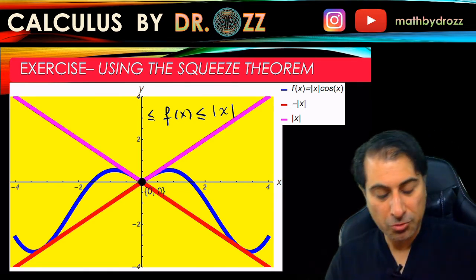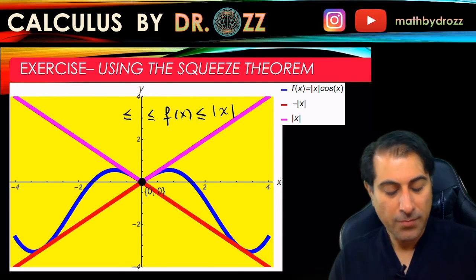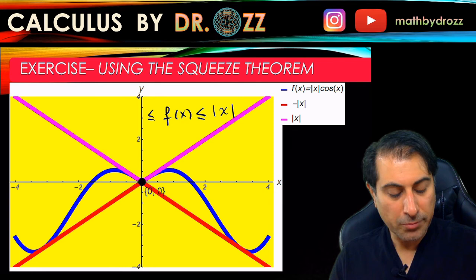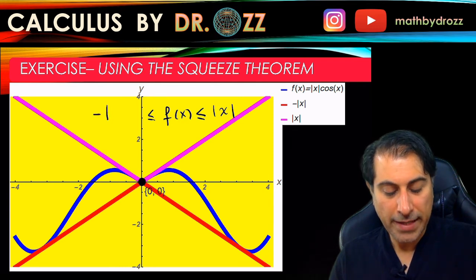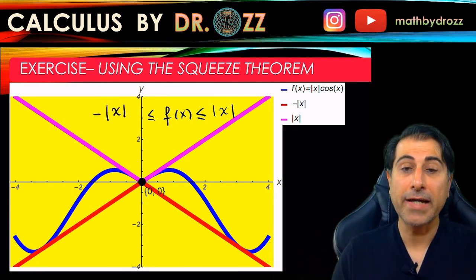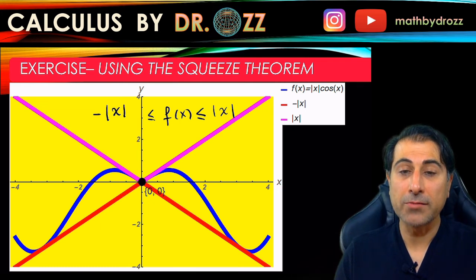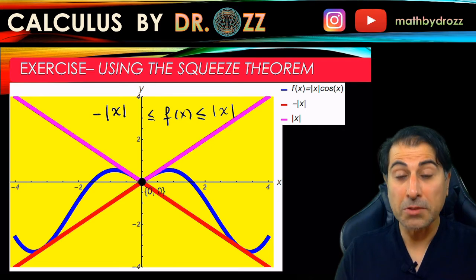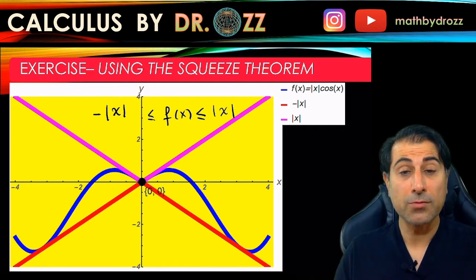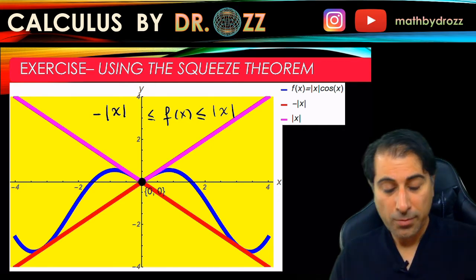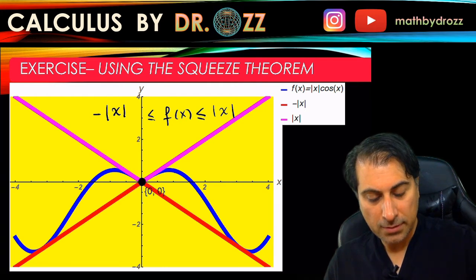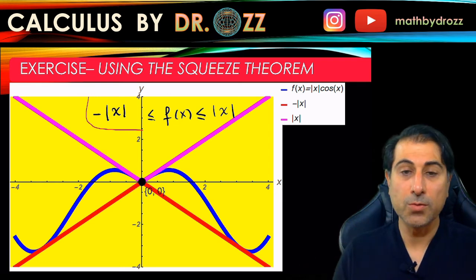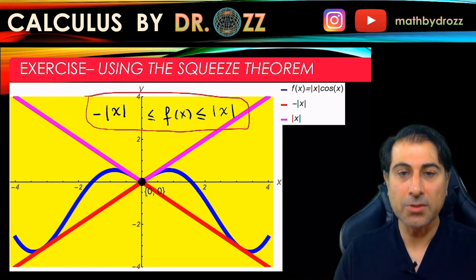And you can just visually see that graph-wise, right? And then f of x is also greater than or equal to this function negative absolute value of x. That's the red graph. So the red graph has the values always less than or equal to the blue values over there, right? So now I've nailed this inequality, which is very similar to the one in the description of the squeeze theorem.